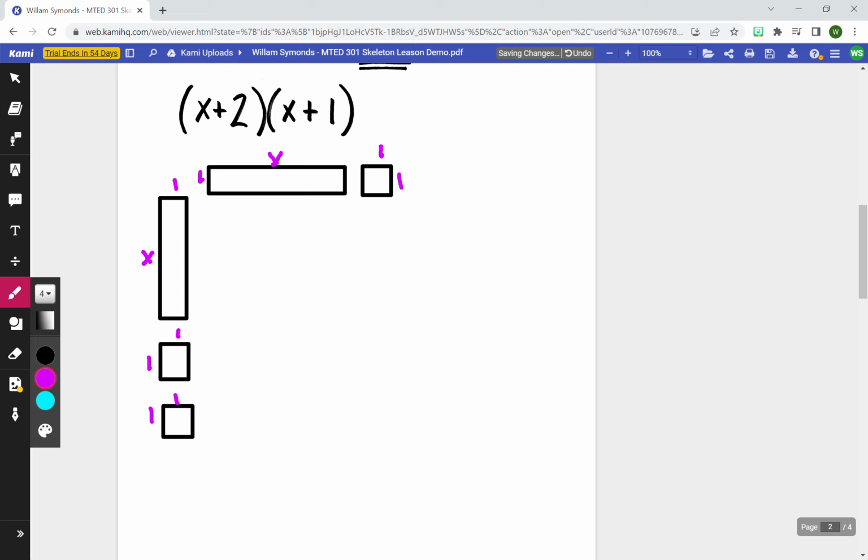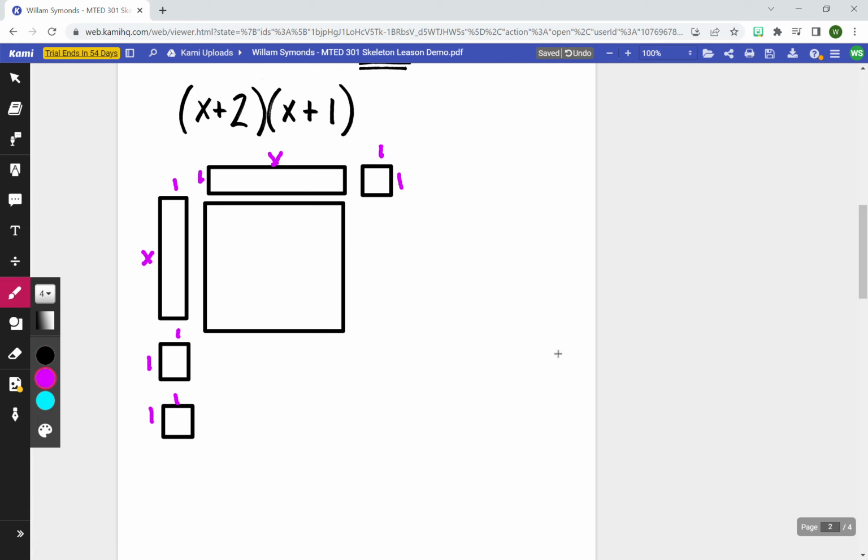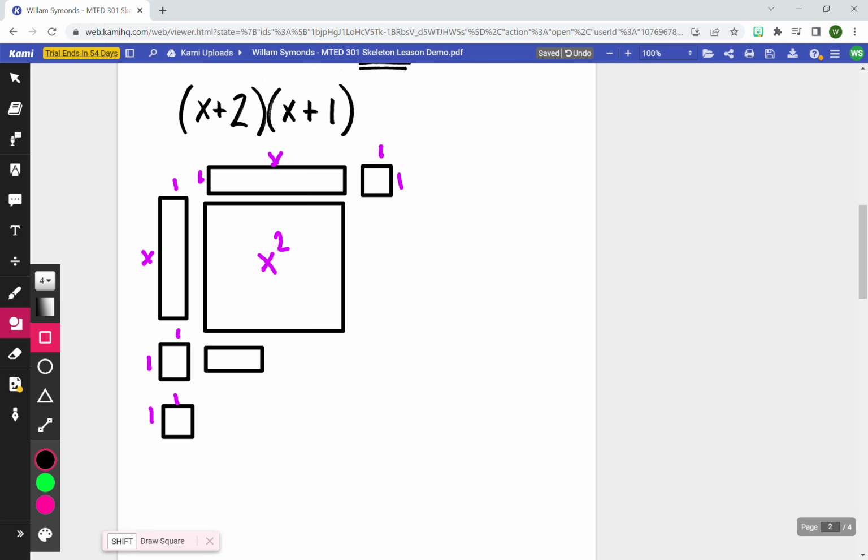So if we were to then multiply these two bars, I would get the x squared box. And then if I multiply the box times the rectangle, just because it's 1 times x, I would get x.